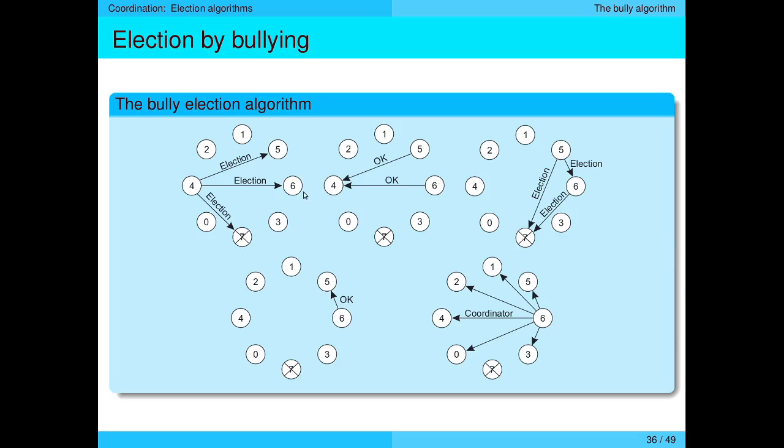Suppose 4 notices that 7 is not responding.